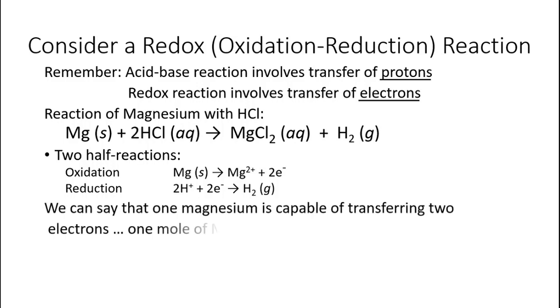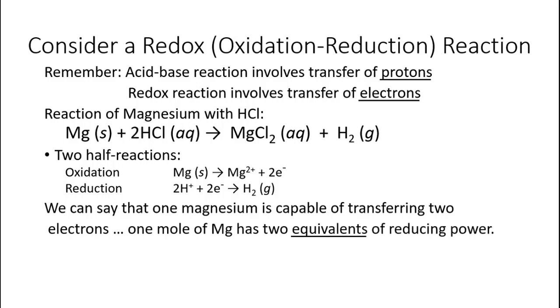We can say that 1 magnesium is capable of transferring 2 electrons. In other words, that 1 mole of magnesium has 2 equivalents of reducing power. So if we take 1 mole of magnesium and 2 equivalents in that mole of magnesium, and we multiply times the molar mass, 24.31 grams of magnesium per 1 mole, the moles of magnesium cancel out, and we have a result of 12.16 grams per equivalent.